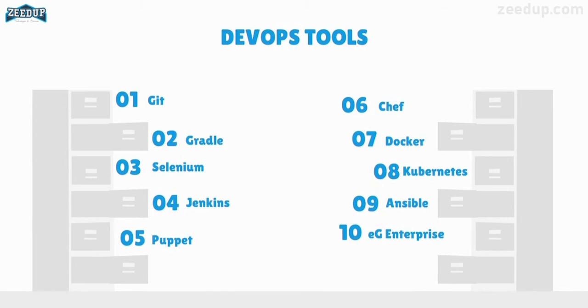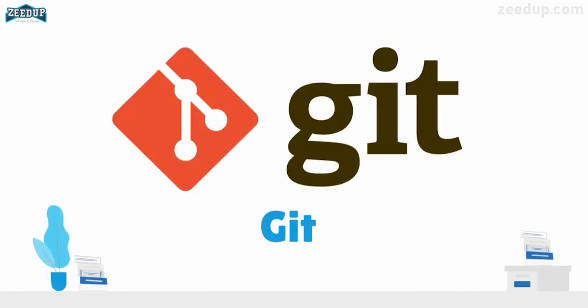The first tool that we are going to see is Git. Git is a version control system and a source code management system. It supports most of the version control features like check-ins, commits, branches, labels, push and pull from a remote repository, etc. It helps you to collaborate with others, especially if you are working on a team project.